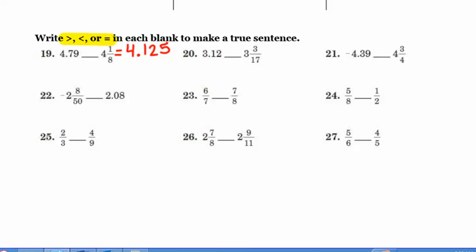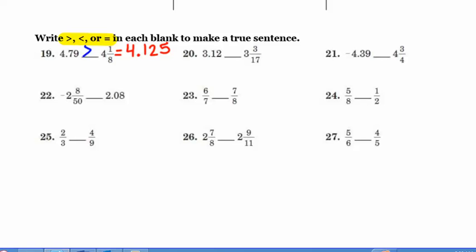So we start from left to right, compare. All right, 4 is the same, so the ones place is the same. The tenths place, we have 7 and 1. So since 7 is greater than 1, 4.79 is greater than 4 and 1/8. So that's what we're looking at with those.